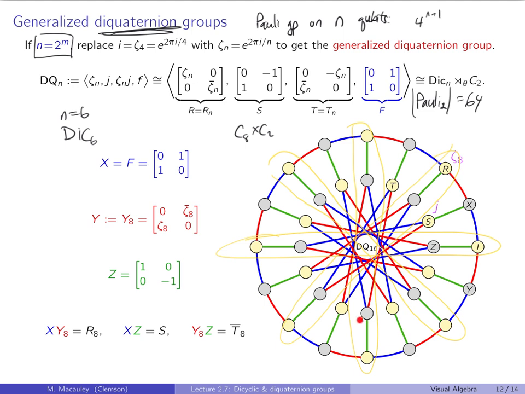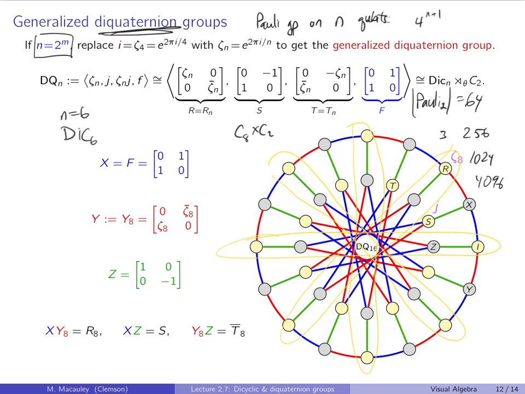So this is not a Pauli group. There is a generalized family of Pauli groups, and this is not one of them. Then the Pauli group on 3 qubits has order 256, and then it goes 1024, and then 4096. Whereas every power of 2 has a generalized diquaternion group.